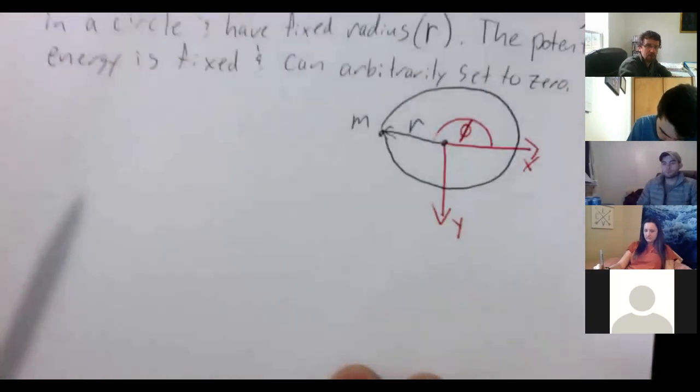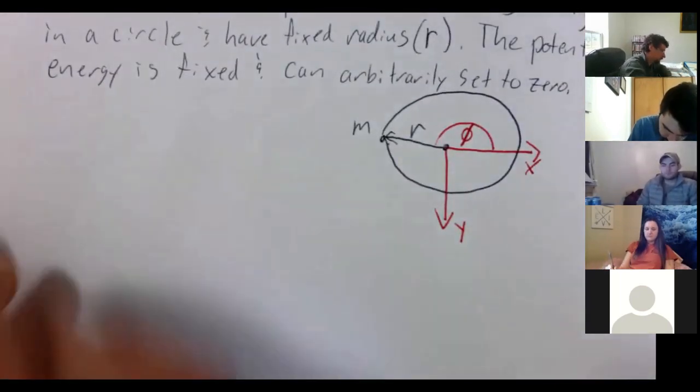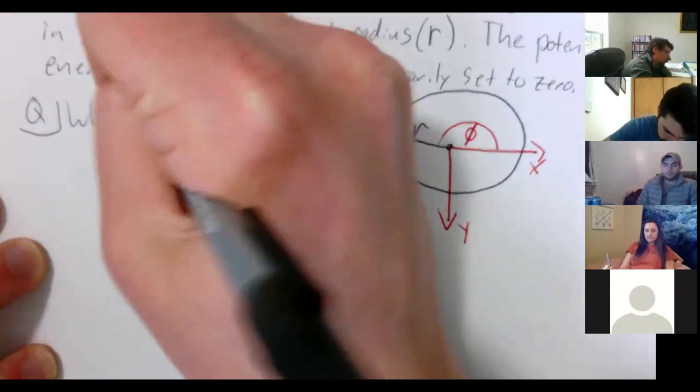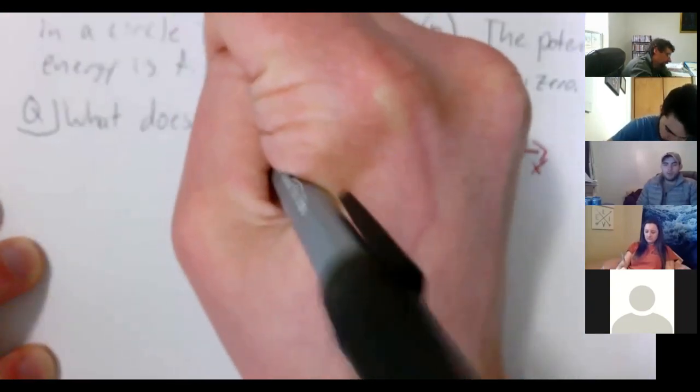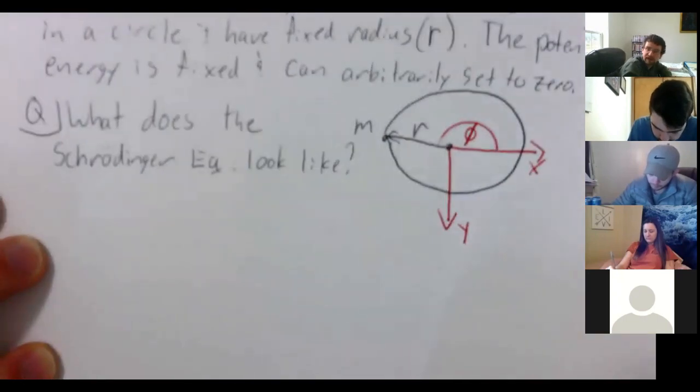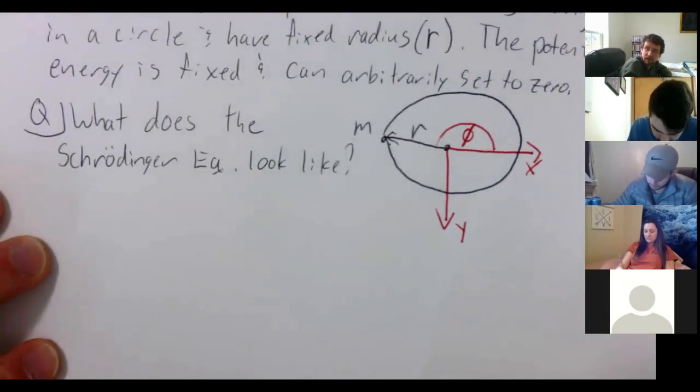Okay, so we're going to start with some questions. First question: what does the Schrodinger equation look like? Same question we ask for all of our quantum systems.